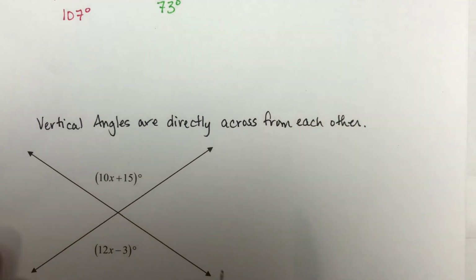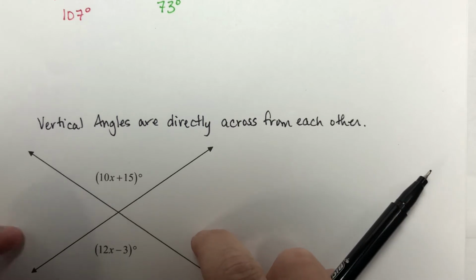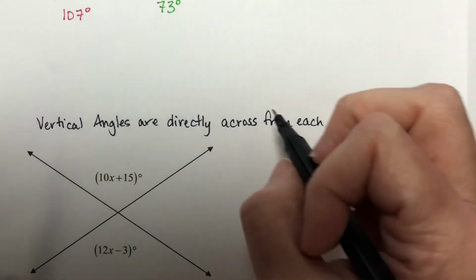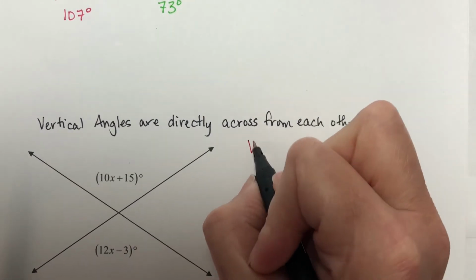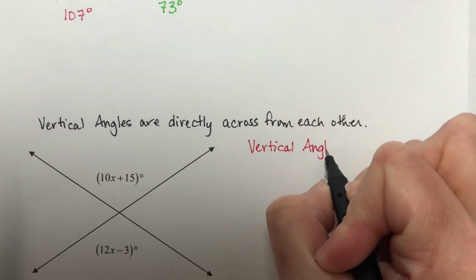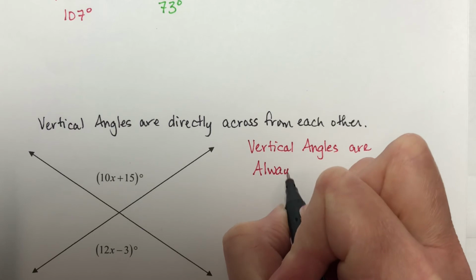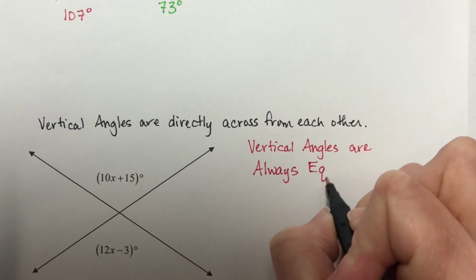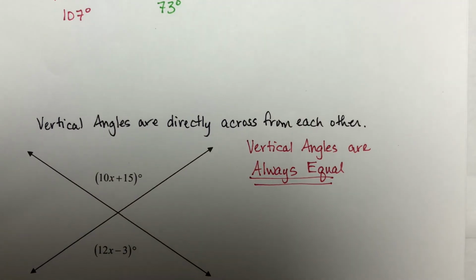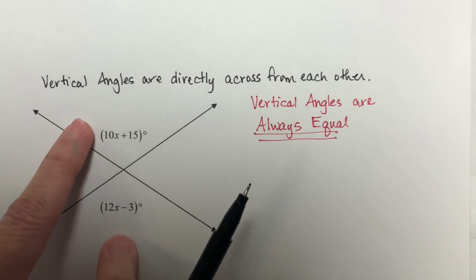Okay, so even though these are vertical and you would think these are horizontal, these are still called vertical angles. Now the thing we need to know is that vertical angles are always equal. Okay. So since these two are vertical angles, they have to be the same value.